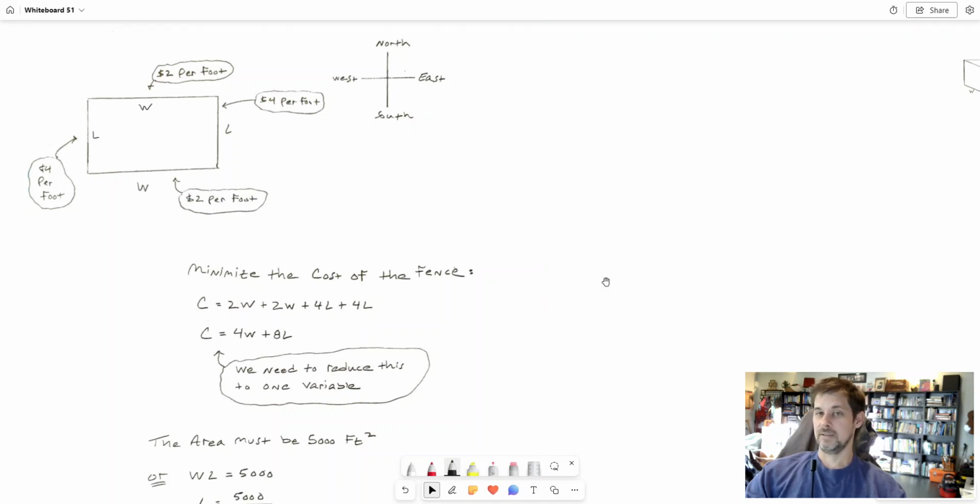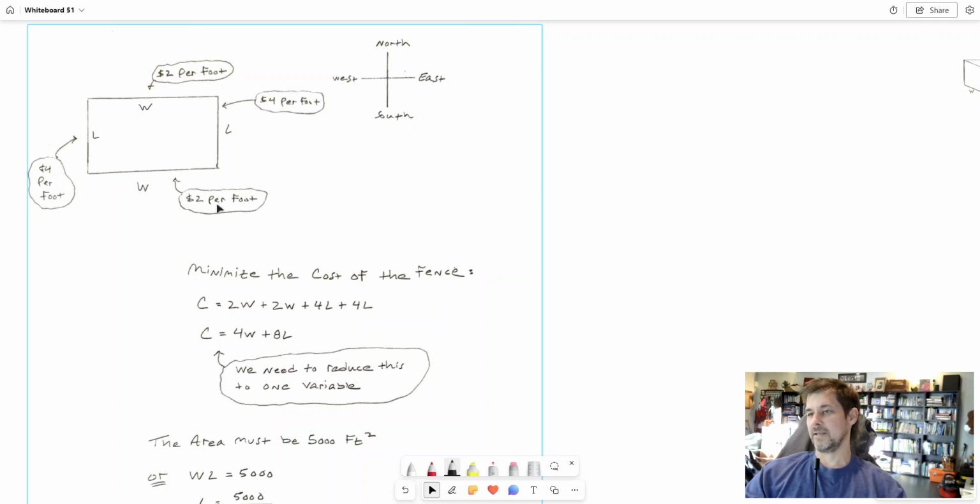Let me explain it. You see how I said this side, the cost of materials is $2 per foot. So how do I calculate the cost of that entire side? Think about it like this. If the material costs $2 per foot, and suppose that side were 3 feet, how much would it cost? $2 per foot, 3 feet, that makes $6.